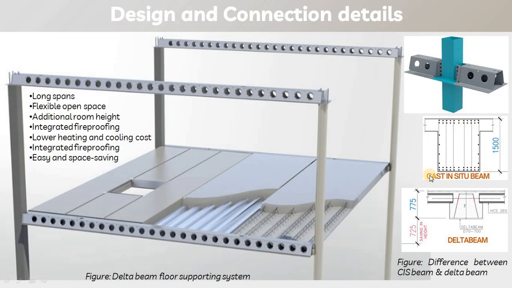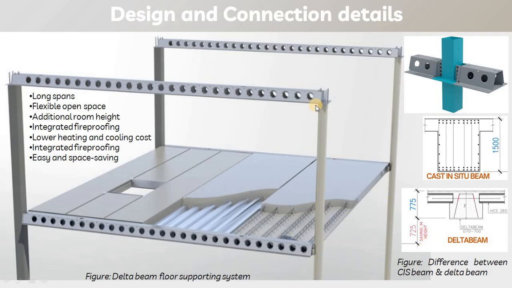Here in this figure you can see this is the cast in situ beam or precast beam, where the depth of the beam is 1.5 meter or 1500 mm, and if we use the delta beam, then the overall depth of the beam can be 775 mm or 0.775 meters. Almost 50% of the depth can be reduced by using this kind of supporting system.